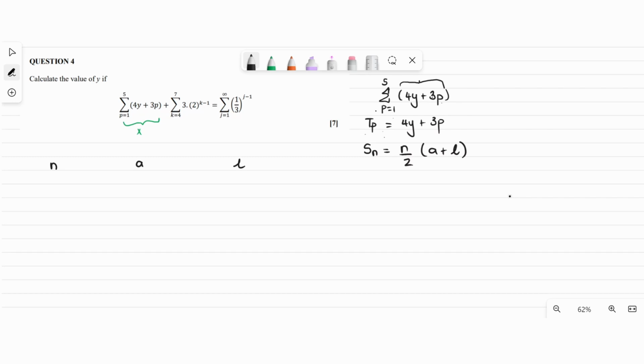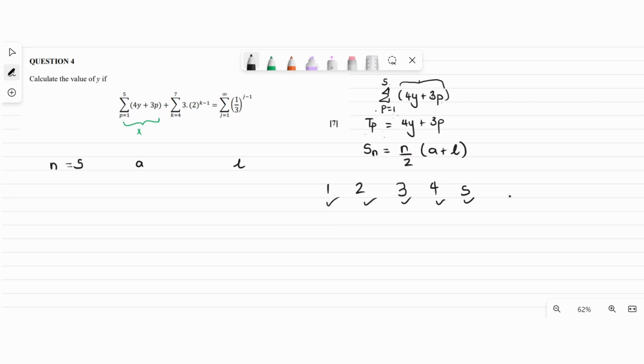To determine n, we see that p starts at 1 and ends at 5. So we check how many terms there are: 1, 2, 3, 4, 5. From 1 till 5 we have how many terms? 1, 2, 3, 4, 5. So our n is equal to 5.